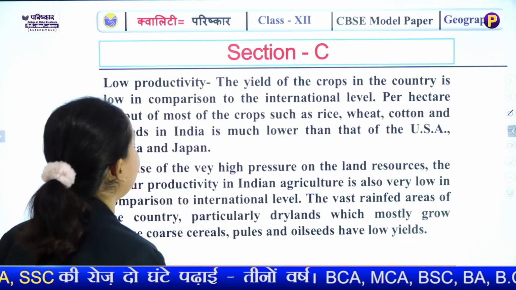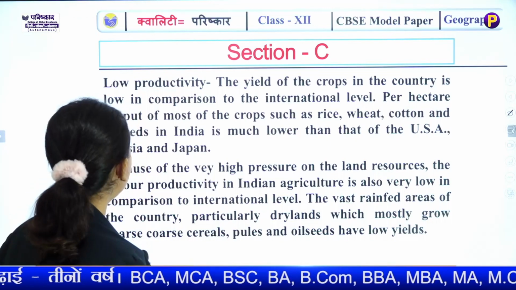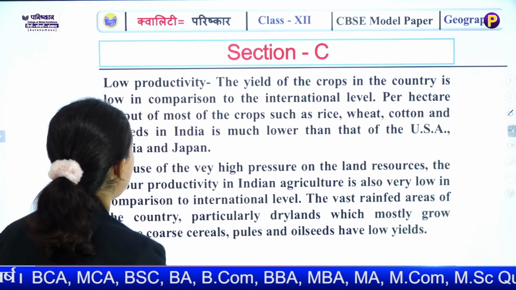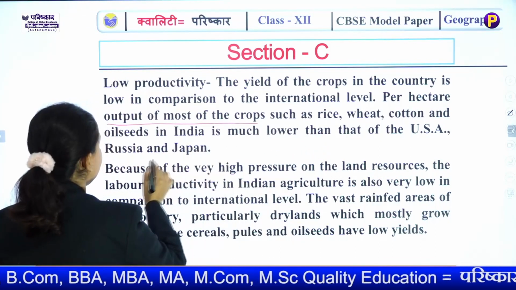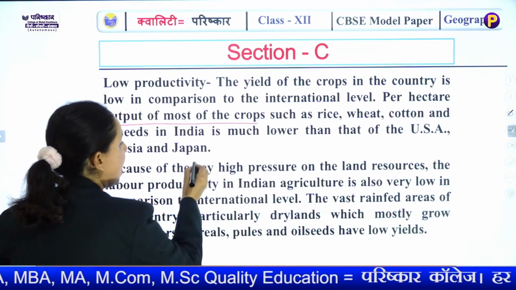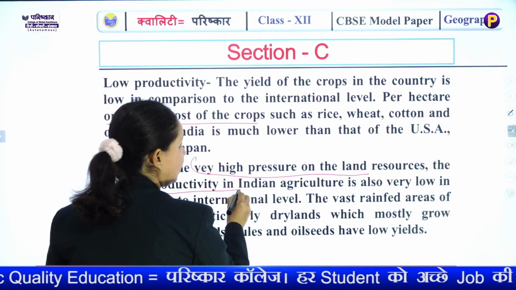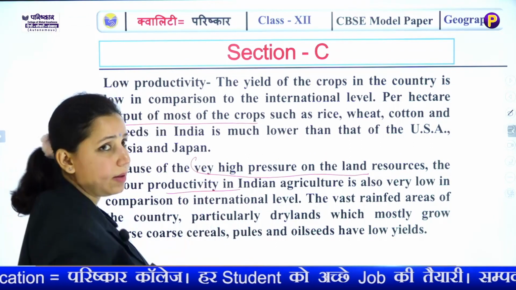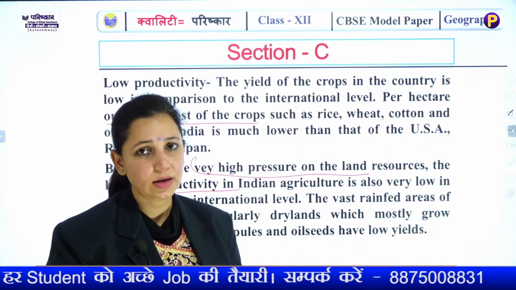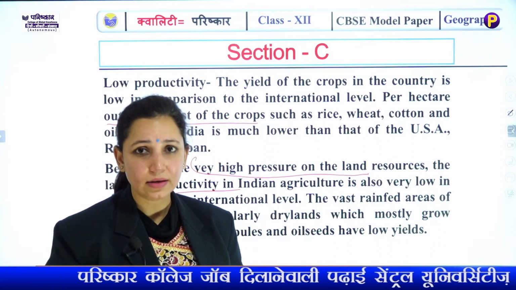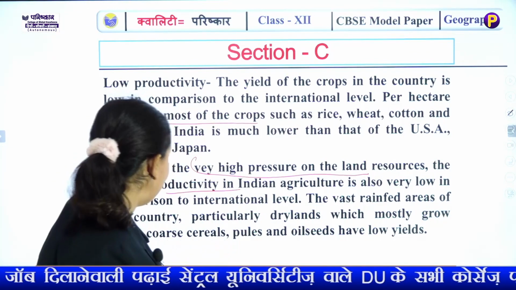Low productivity. Why is there low productivity in Indian agriculture? The yield of crops in the country is low. Per hectare output of most crops such as rice and wheat in India is very low because of very high pressure on land resources. Labor productivity is also very low. We have talked about labor productivity in intensive subsistence agriculture, where the labor required per unit area is not optimum.